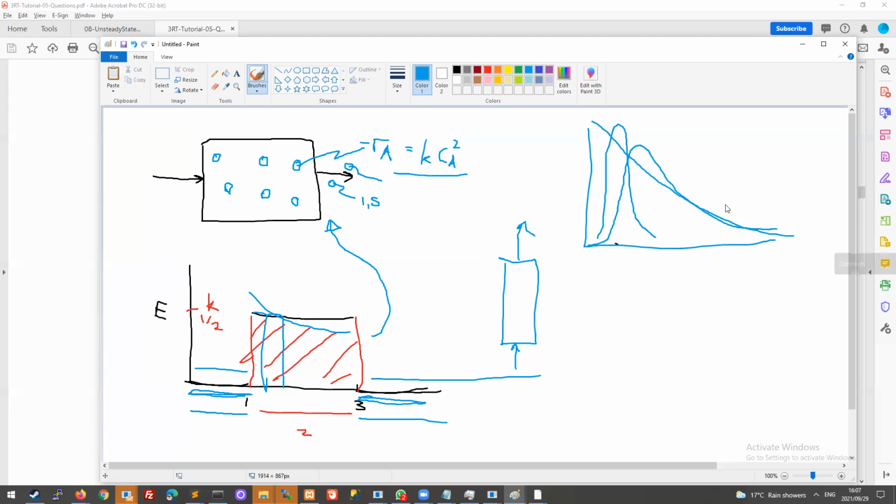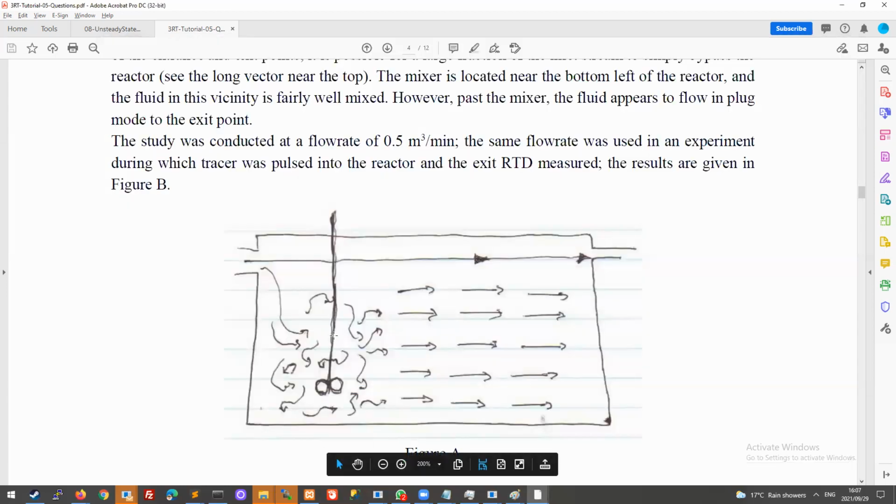So in this case, we are trying to mix this real reactor, but what actually happens is, because of the viscosity of the fluid and maybe the nature of the material and how fast we are stirring, it turns out that all the stirring happens just close by the stirrer, and the rest of the fluid is flowing fairly regularly.